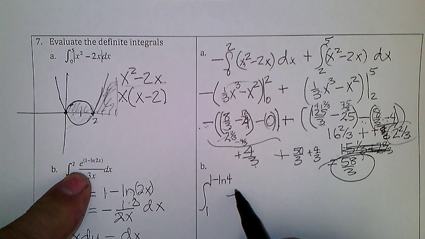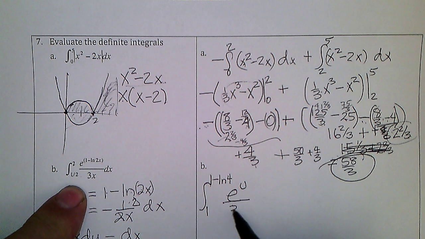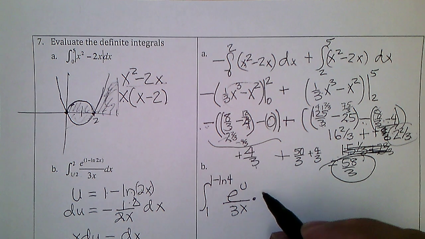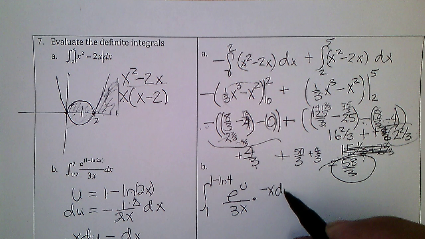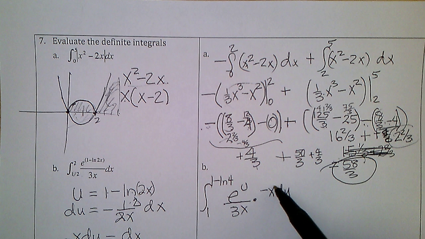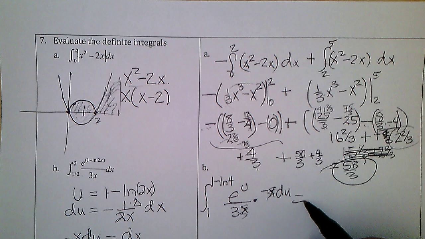Then I'd have e to the u over 3x times minus x du to replace the dx. So the x's cancel, and a minus 1/3 comes out.